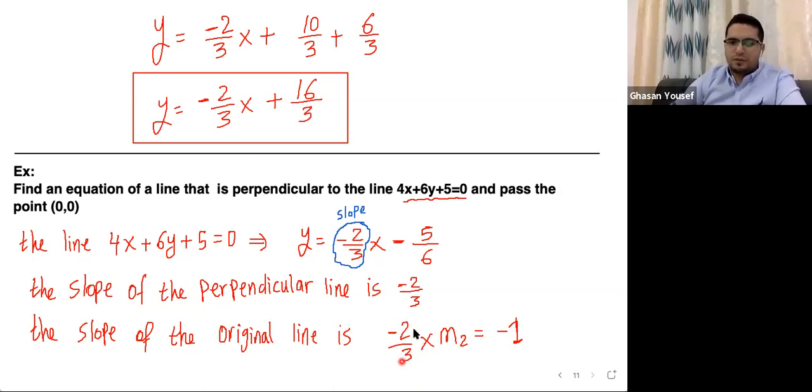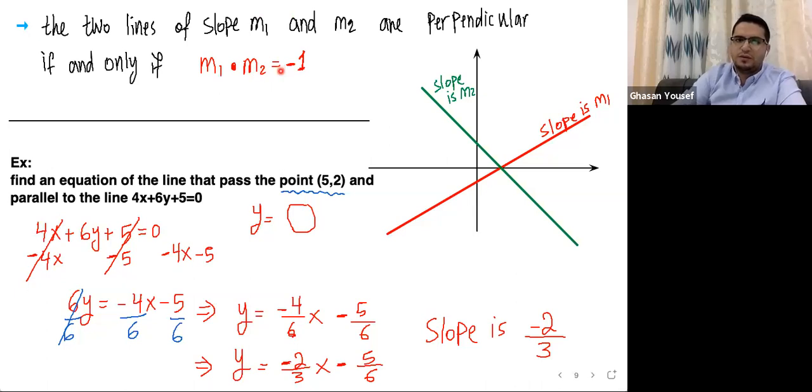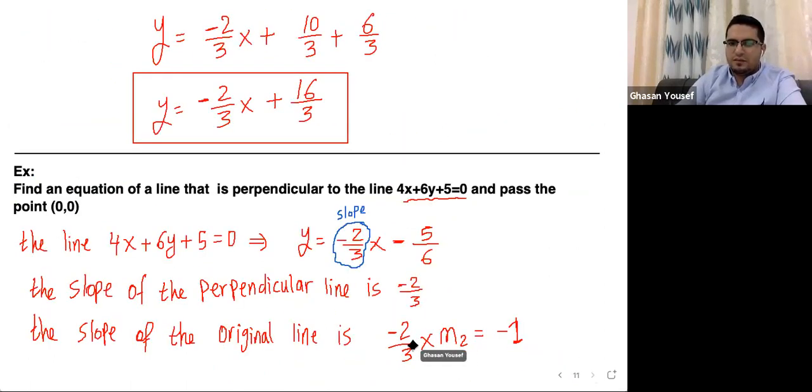The slope of the perpendicular is given. I find it from the equation, -2/3 times the slope of the question line. How do I know this? By using the formula m1 times m2 equals -1, where m1 is the perpendicular line and m2 the original line. So I plug into the formula: -2/3 times m2 equals -1.